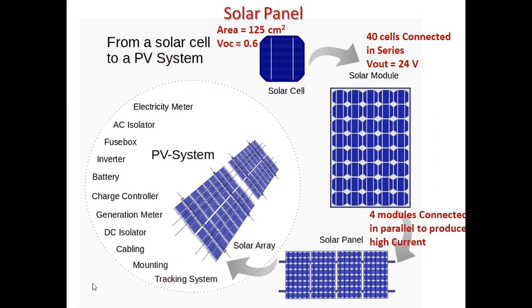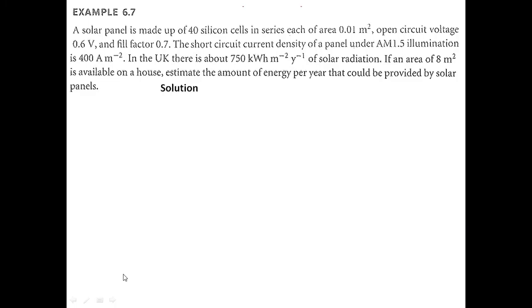So let's try to understand how we can design the solar panel according to the availability of solar power and the requirement of your house's energy usage. Let's try to solve this problem, which is quite simple, but it is very difficult to understand once we have a practical scenario.